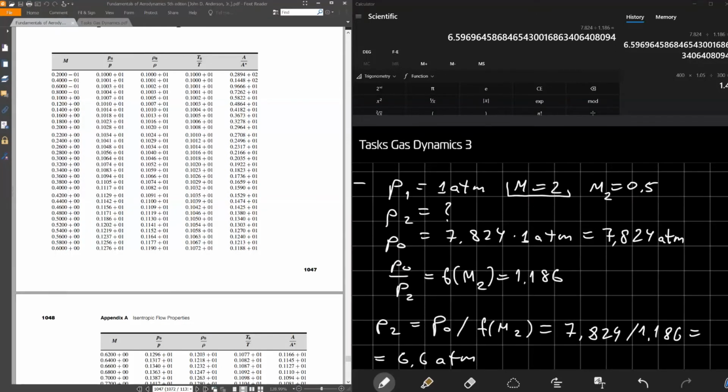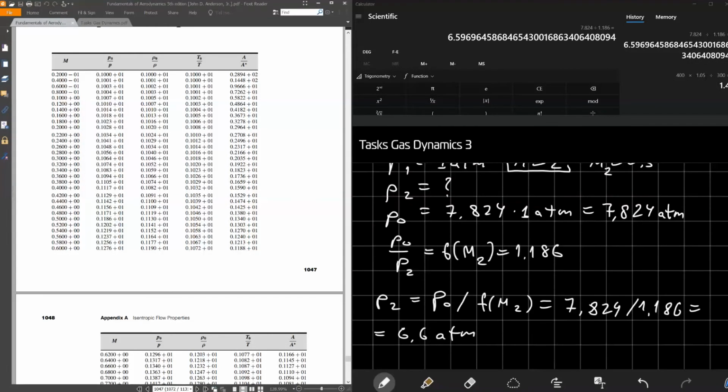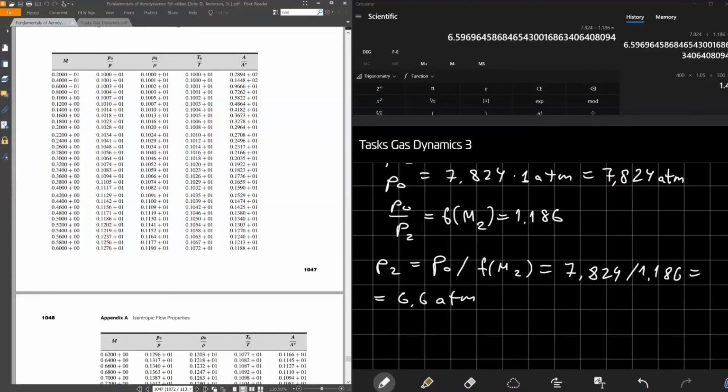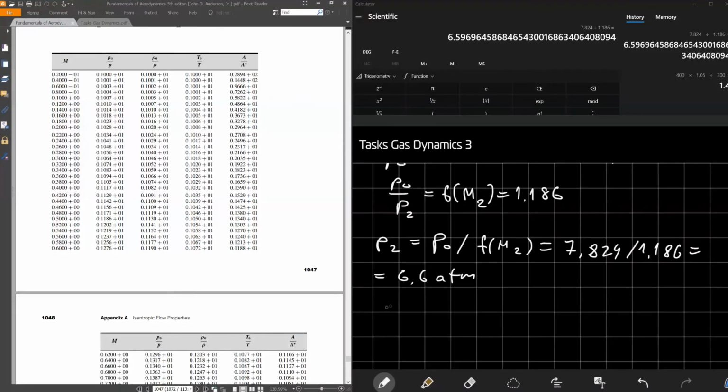Maybe in some task not just the pressure but also the density will be given, and I will ask you to calculate the Mach number or the speed of sound. If the density is given, you can calculate the temperature by the equation of state. You remember, right?